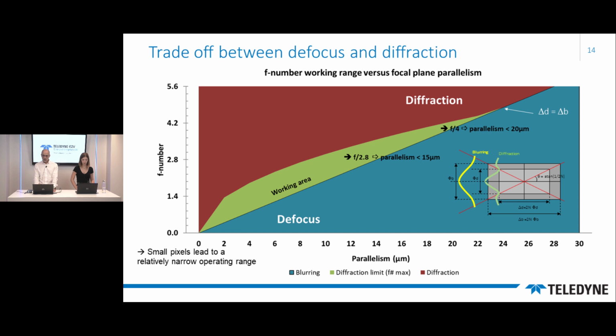And finally, the green area in the center is the working range. It should be noted that this range is narrow, which strongly constrains the mechanical specification of the camera assembly. For example, a pixel of 2.5 micron will require a parallelism of maximum 15 micron for f/2.8 aperture.